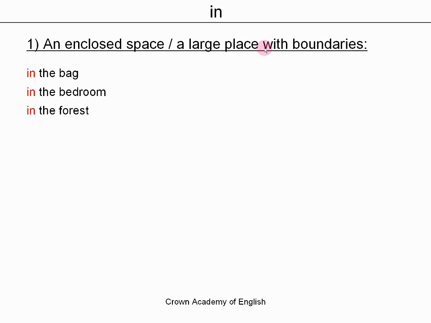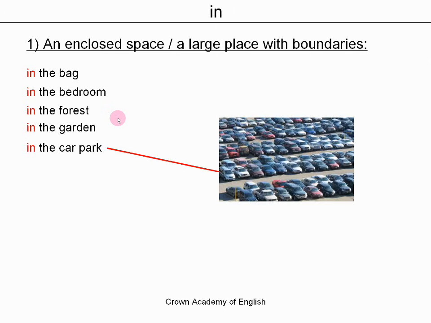In the forest. So this forest is a place which has boundaries. So David is playing in the forest. In the garden. In the car park. And so we can say, for example, this car is in the car park.